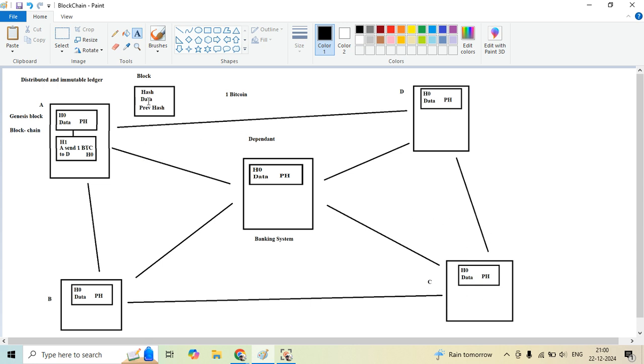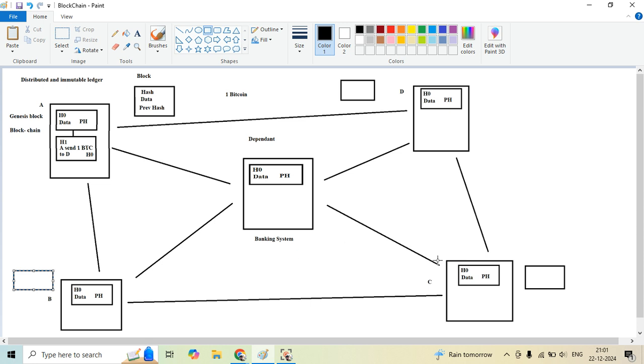All of these ledgers will check this transaction and this block, and more than 50% of the nodes in the blockchain have to accept it.